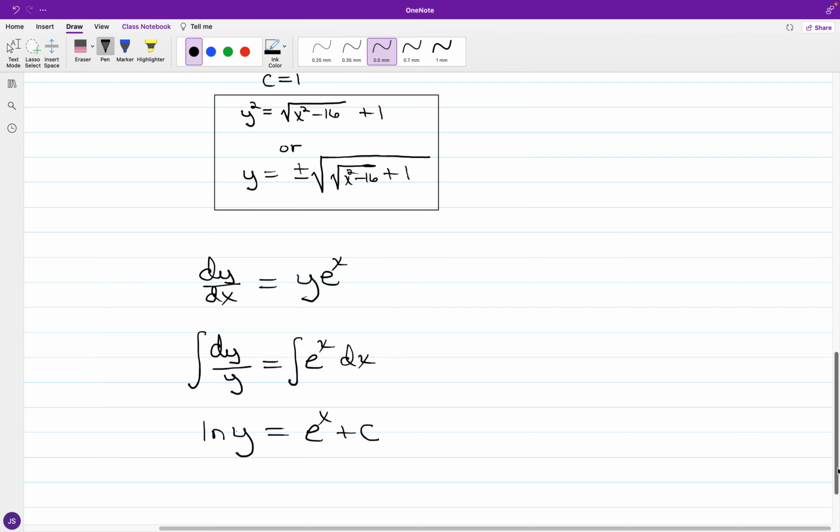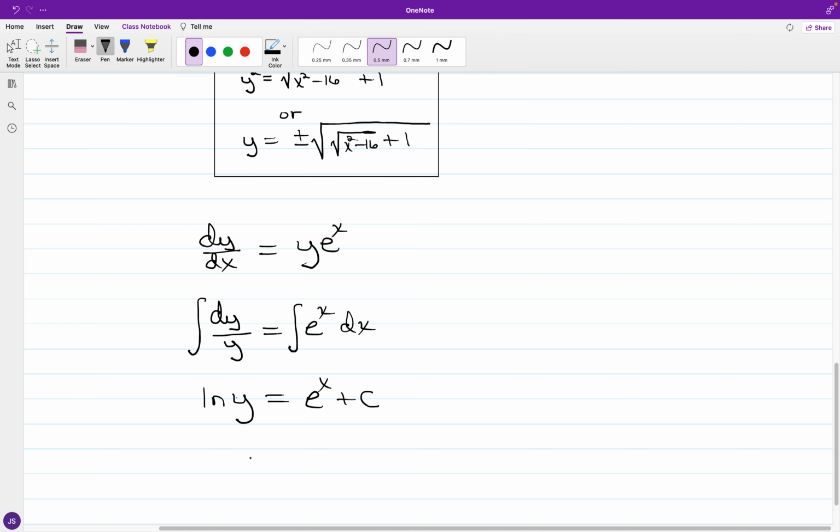plus the constant. Expressing in terms of y equals, I can take e to the natural logarithm of y, which is going to be equal to e raised to the e to the x plus c.